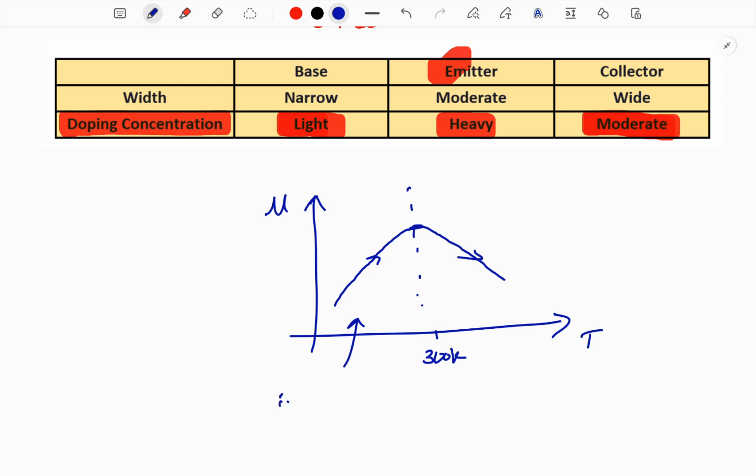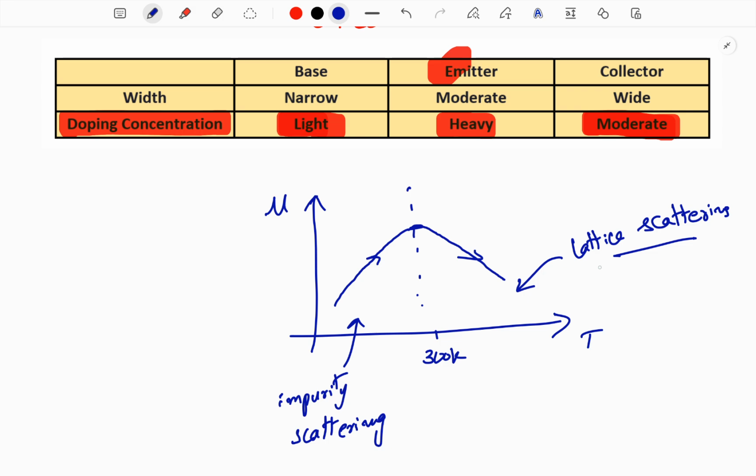Beyond 300 Kelvin, as temperature increases, mobility decreases. This is due to lattice scattering. For high values of temperature, lattice scattering comes into the picture.